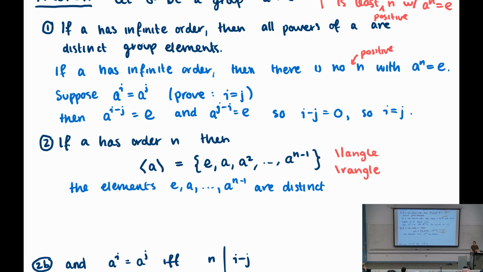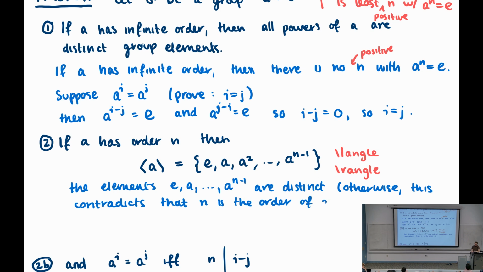If not, this would contradict the fact that n is the least positive number with a to the n equal to the identity. Otherwise, this contradicts that n is the order of A.